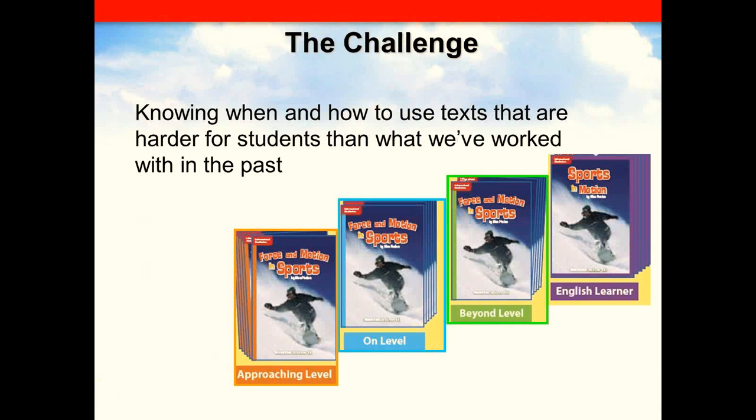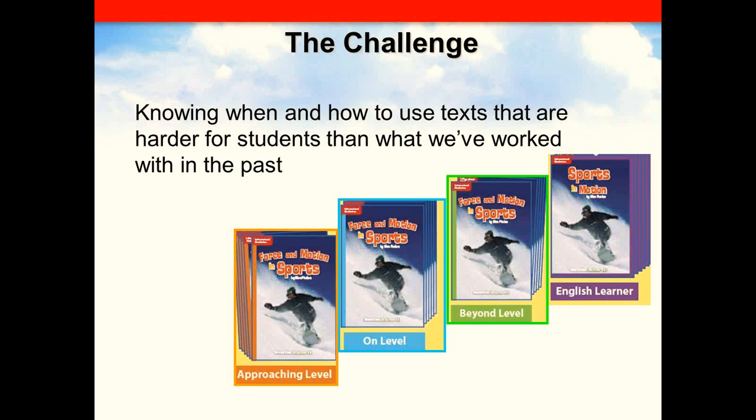The challenge as we move forward is knowing when and how to use texts that are harder for students than what we've worked with in the past. If you are using one of the McGraw-Hill programs, you have a built-in system to make this easier. The leveled readers in the programs include one book each week written at multiple levels.